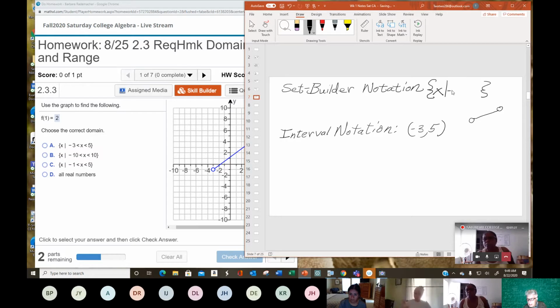That -3 is to the left of whatever x might be, and that's to the left of 5. These two ways of writing say exactly the same thing, they're just two different ways of writing.